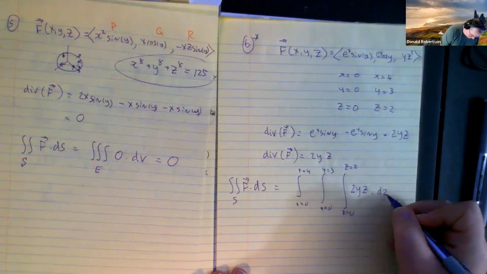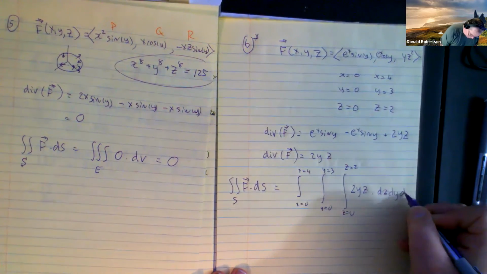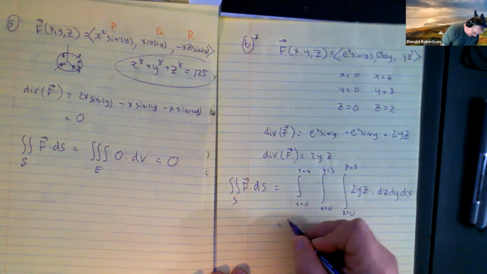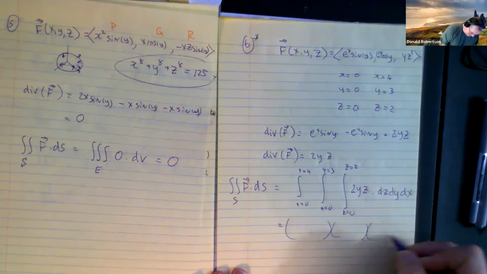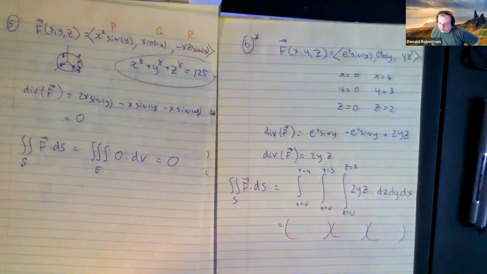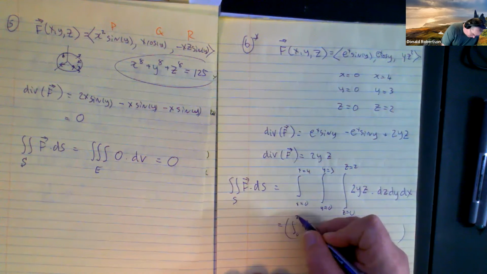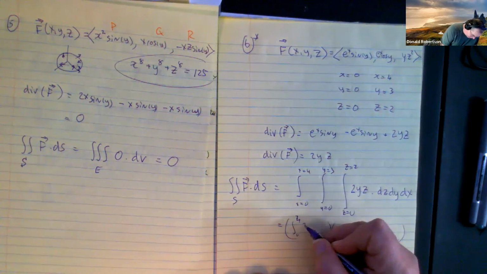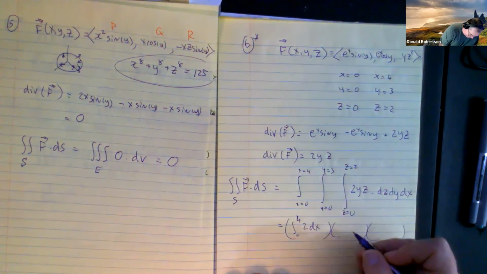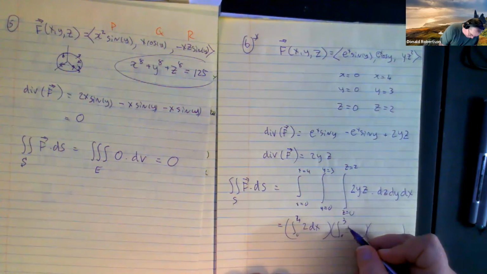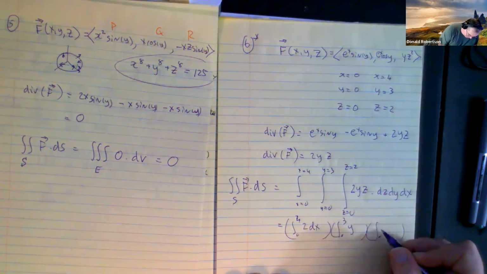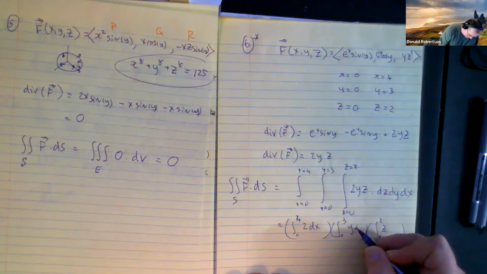And we're doing a z, we're doing a y, we're doing an x. Would you agree this separates? And we can separate them because the limits of integration are all numbers. So I'm going to do 0 to 4, and I'm going to give that the number 2 because I want to. And 0 to 3 for the y, and 0 to 2 for the z.